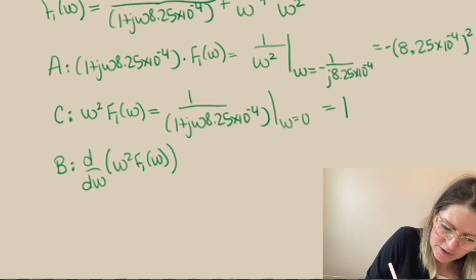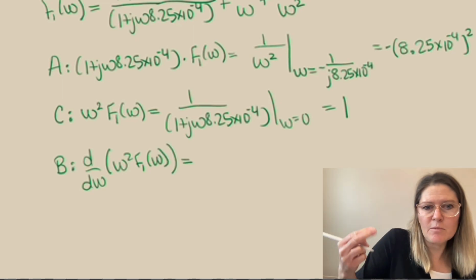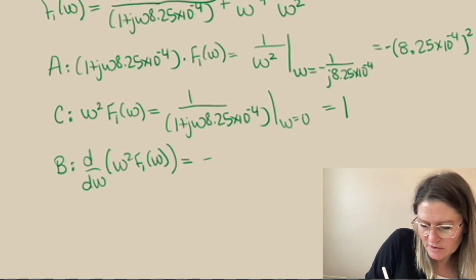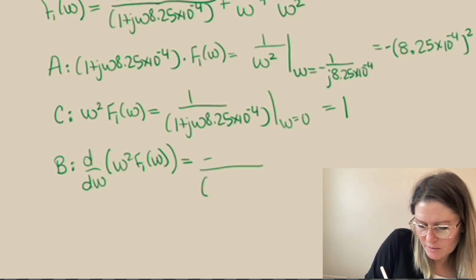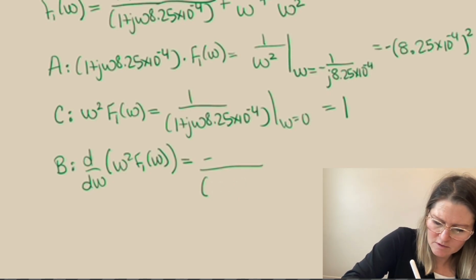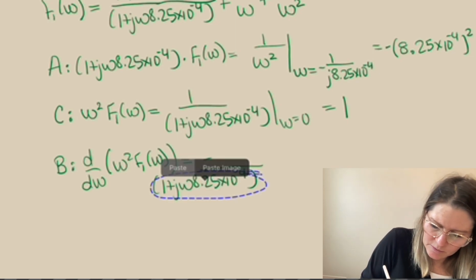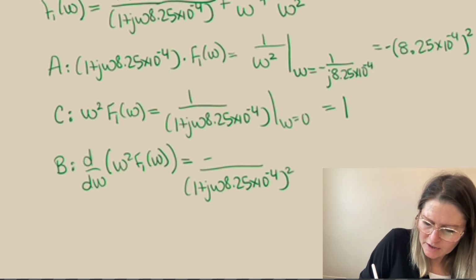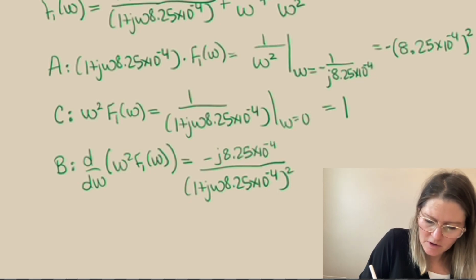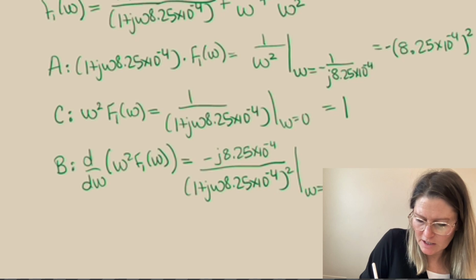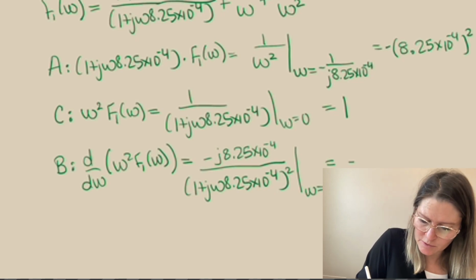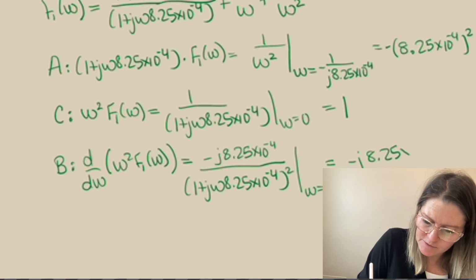When I take the derivative, the minus 1 from the bottom becomes squared on the bottom. And then I have to bring out the j 8.25 times 10 to the minus fourth. Then I evaluate it again at 0, so this is left with just a minus j 8.25 times 10 to the minus fourth.